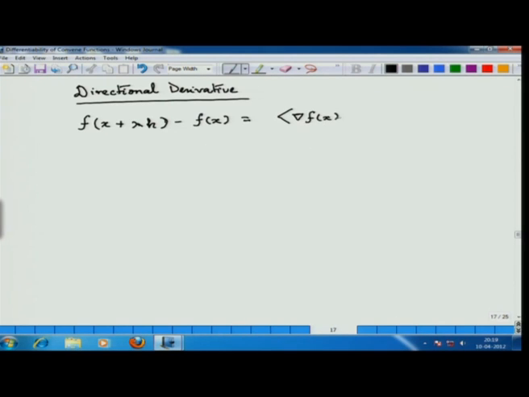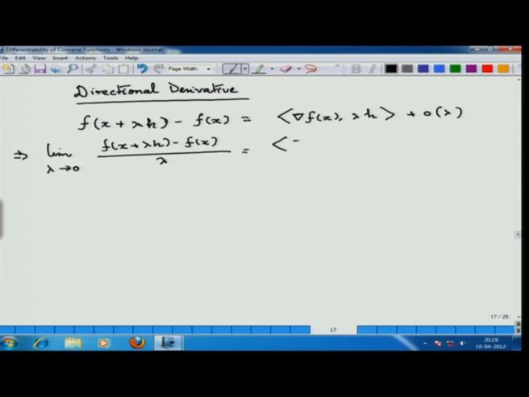I am just writing down the definition of the derivative: the limit as lambda goes to 0, because I will divide by lambda on both sides, this term will vanish and this is what I will have.